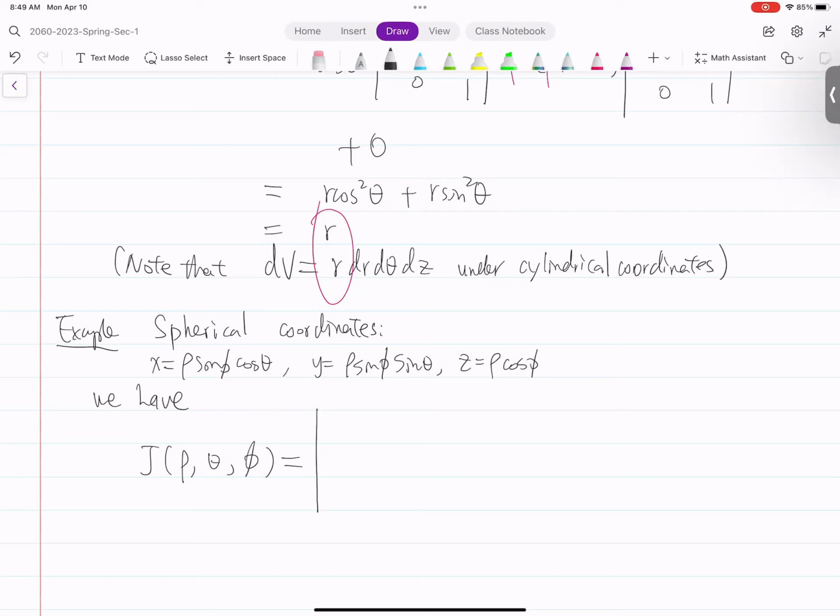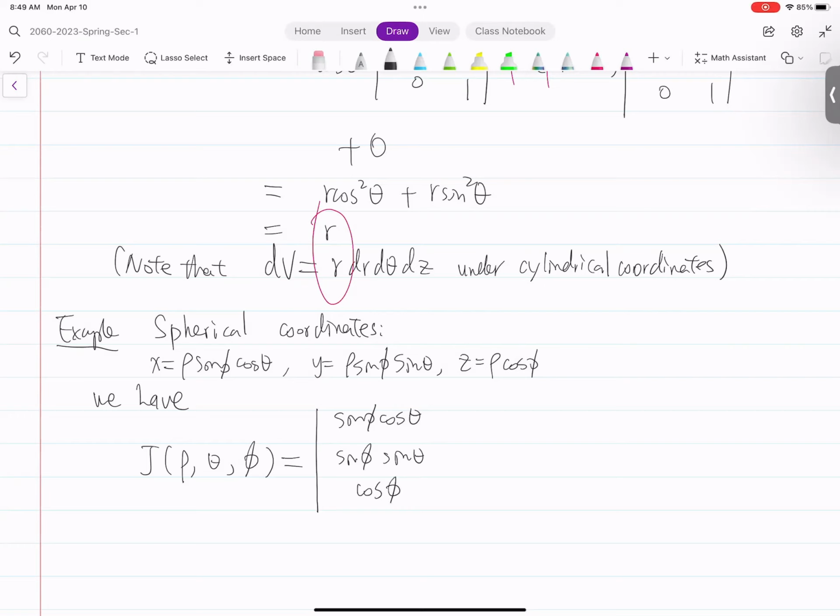So if the first variable is rho, we just do the partials for x, y, z in terms of rho, and we put them in the first column. So it's going to be sine phi cosine theta, sine phi sine theta, and then finally cosine phi.